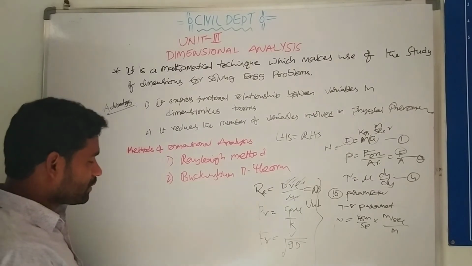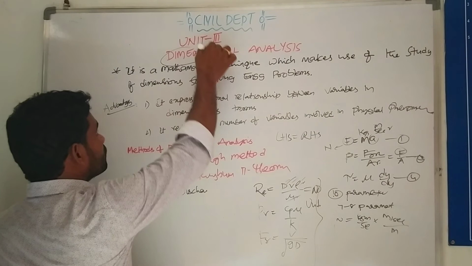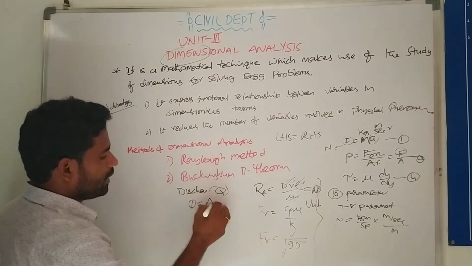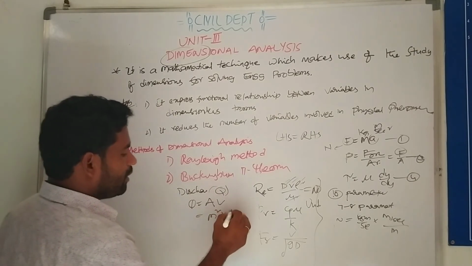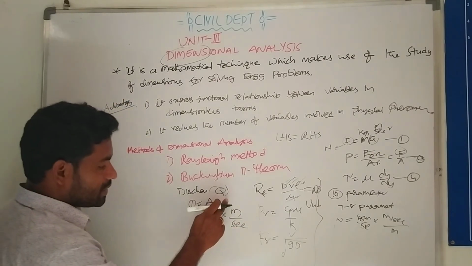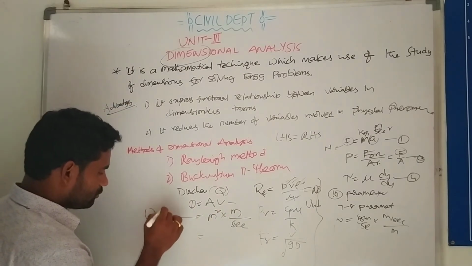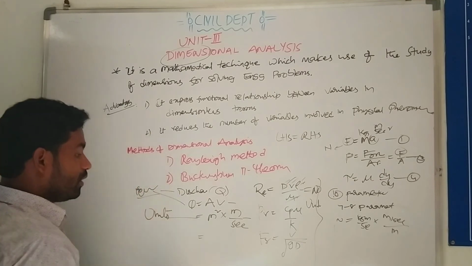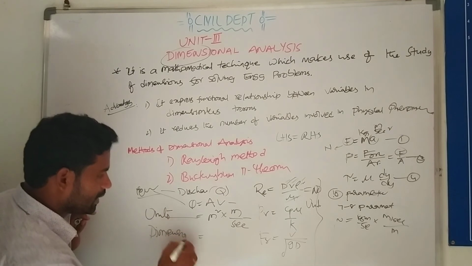Let us see. Suppose discharge. What are dimensions? You have to know that. Suppose discharge Q. Q is equal to A into V. A has units of area, meter square, and velocity has units of meter per second. This is the equation and these are the units. Now, what are dimensions?